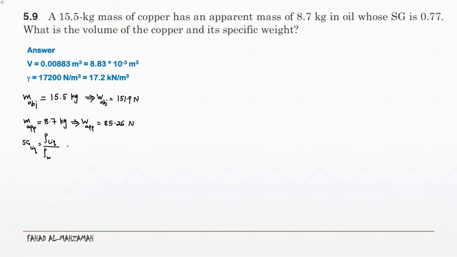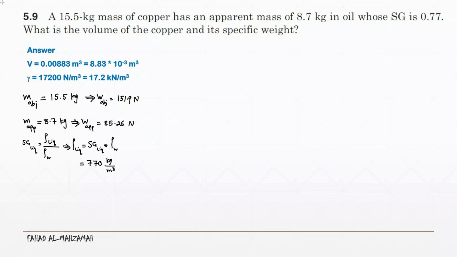Therefore, we can say that rho of liquid is equal SG of the liquid multiply rho of water, and at the end I can say it's equal 770 kilogram per cubic meter because it's 0.77 multiplied 1000.